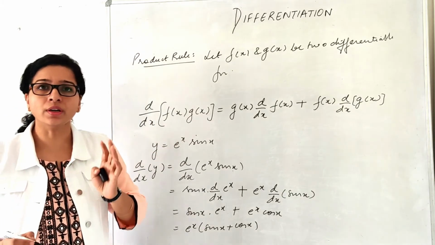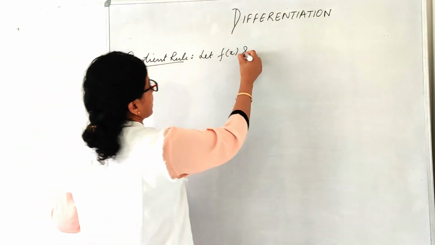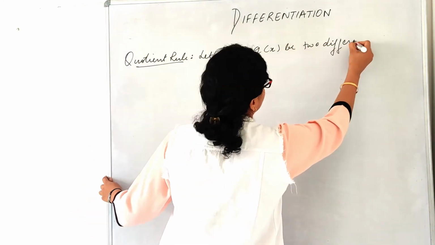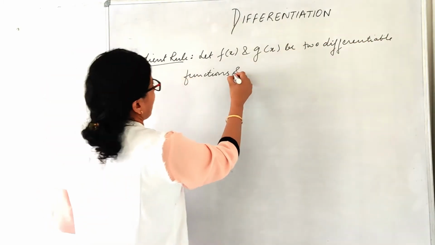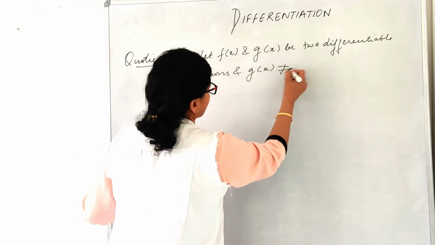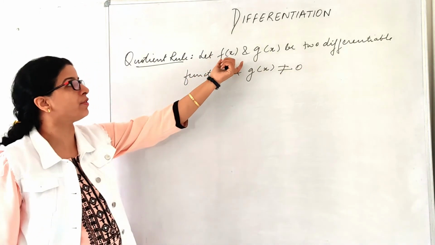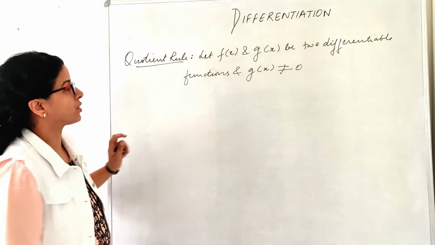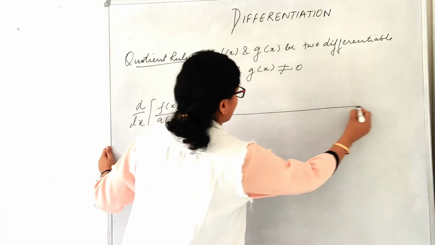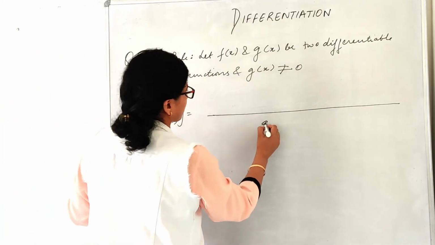Now I'll do the quotient rule. Let f(x) and g(x) be two differentiable functions and g(x) is not equal to 0. Then how to find the derivative of the division of these two functions? So what the quotient rule says, first of all we have denominator square, right?